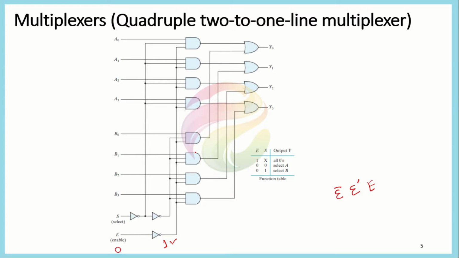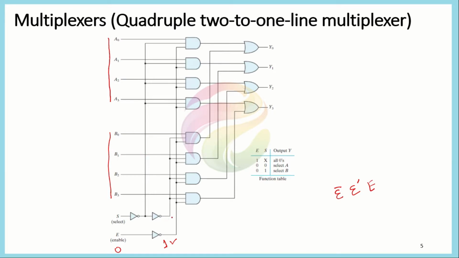This circuit is what you can call a quadruple 2 to 1 line multiplexer. It is acting like a 2 to 1 line multiplexer, but instead of 2 single-bit inputs we have 2 quadruple inputs. It means that we have 2 inputs that are represented by two 4-bit numbers. The first number is represented here as A0 to A3, and the second number is represented as B0 to B3.